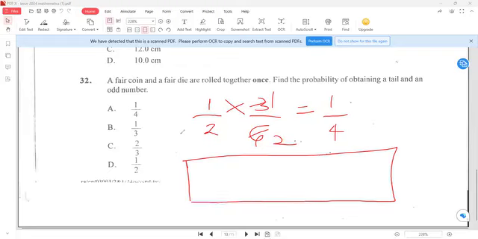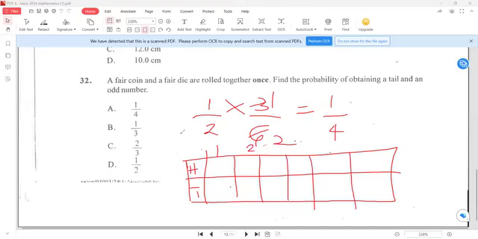Or you can do the table to get the actual outcomes. Here we have 1, 2, 3, 4, 5, 6.